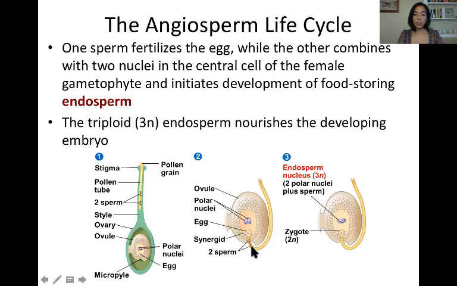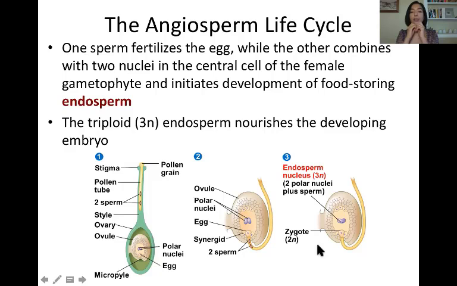What happens to the other one? The other one goes to these polar nuclei. We have two nuclei there, and they are contained in the central cell. This is not marked here, but this large cell is called the central cell. It has two nuclei.